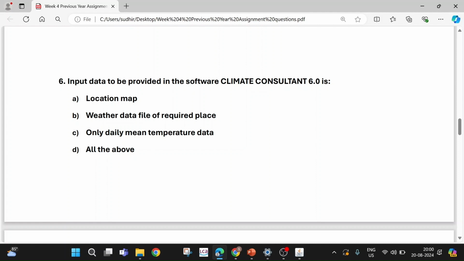It is only talking about the input data to be provided to the software. As today also I was discussing, only the weather data files we have to provide or drag into it, and after that it will do all the post processing of the data. So B will be the right answer, as all of you are correct. Weather data files of the required place is only required.